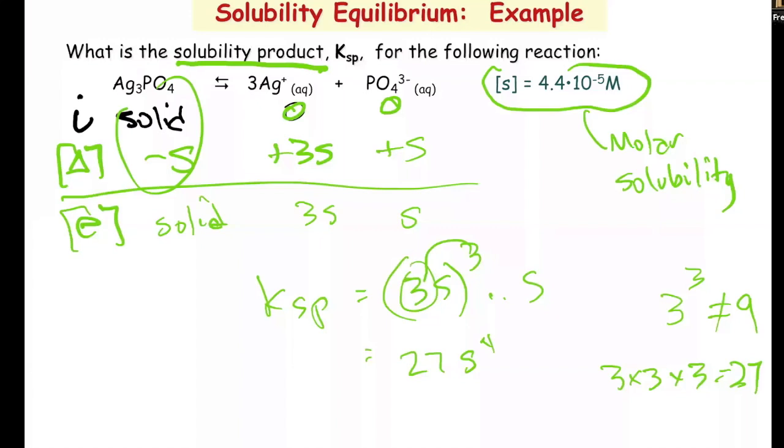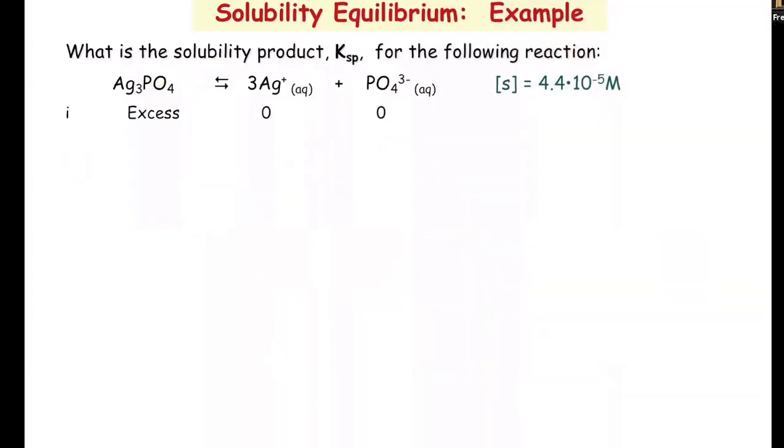And so in order to calculate the KSP, and we know the solubility, you just take 4.4 times 10 to the minus 5, raise it to the fourth power, and multiply it by 27, and that's the KSP. So remember that this is a very, very small number, 10 to the minus 5. And so when we do this, let me just show you that real quick in terms of the math.